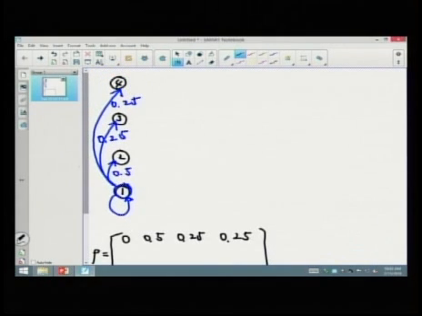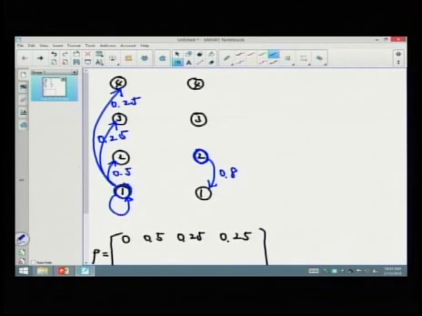Now let's start from state number 2. Again, we are going to have the same states, right? What transitions do we have? 2 to 1 is 80%, 0.8, right? How about 2 to 3?